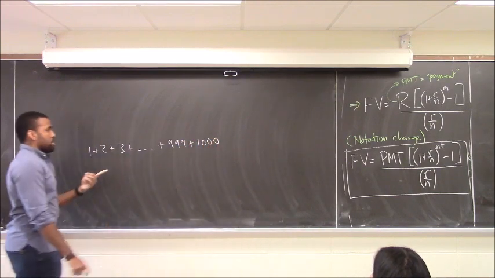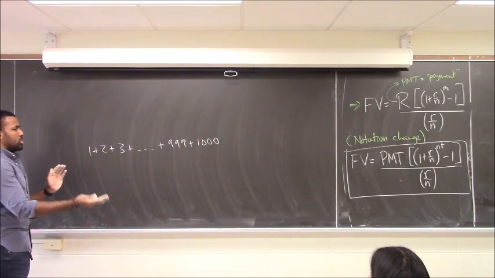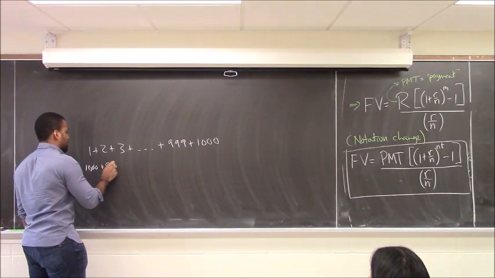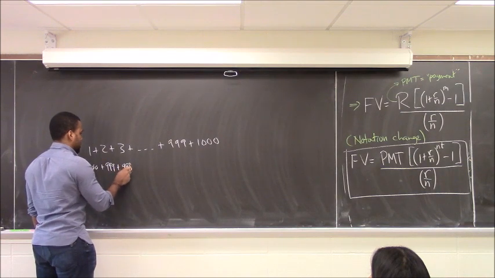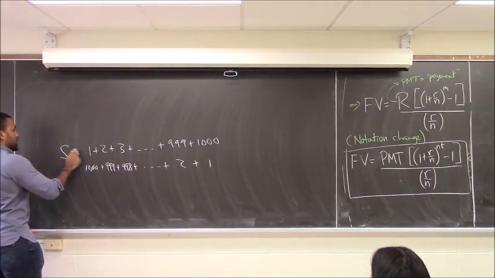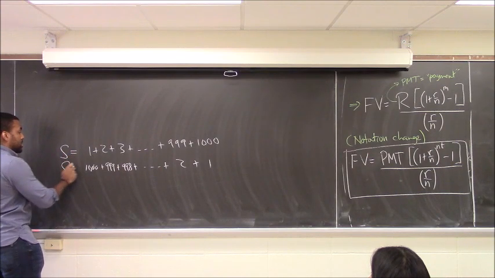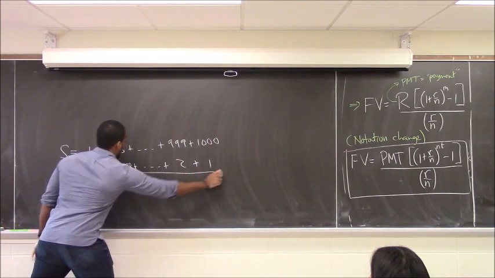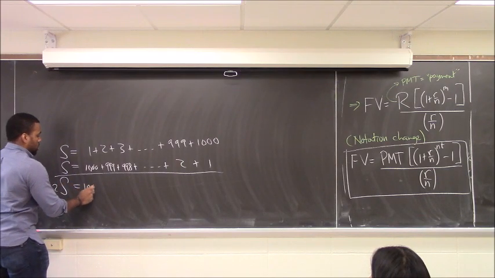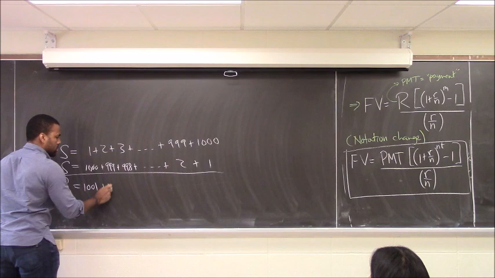He didn't multiply them by anything. What he saw was, I can just turn them around. That's actually the same thing. And notice what happens if I add them together. This adds up to 1,001.